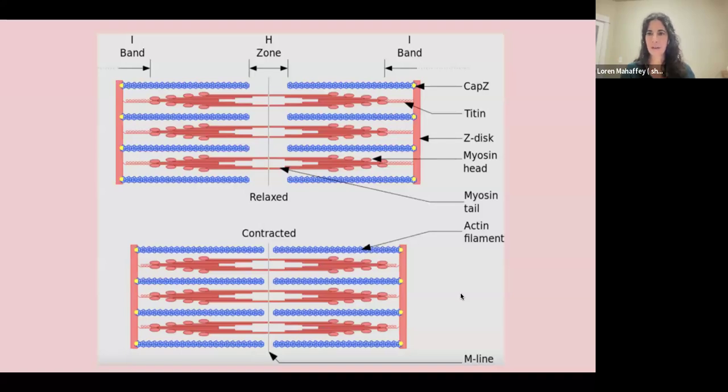Here is just another image of the molecular structure where the red would be the myosin and the blue would be the actin. And what we understand is that actin and myosin are sliding protein filaments, and they slide because of a chemical reaction that causes them to change shape.